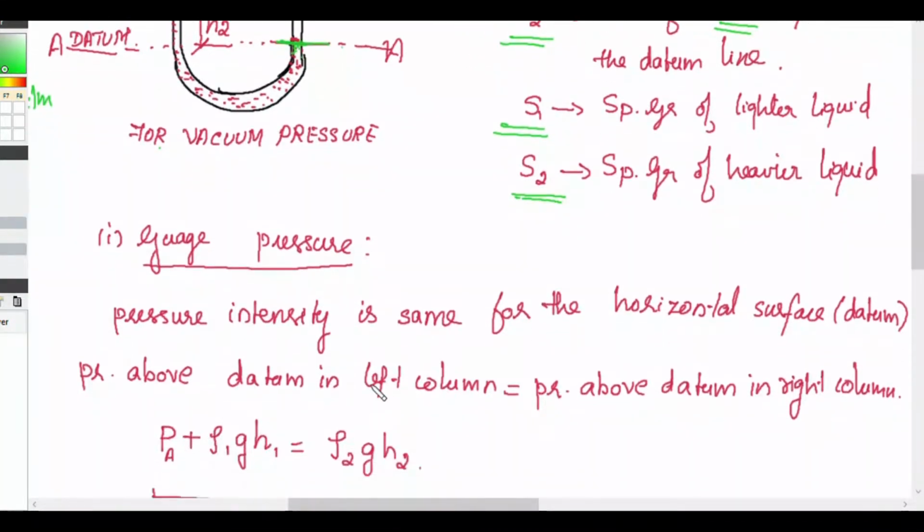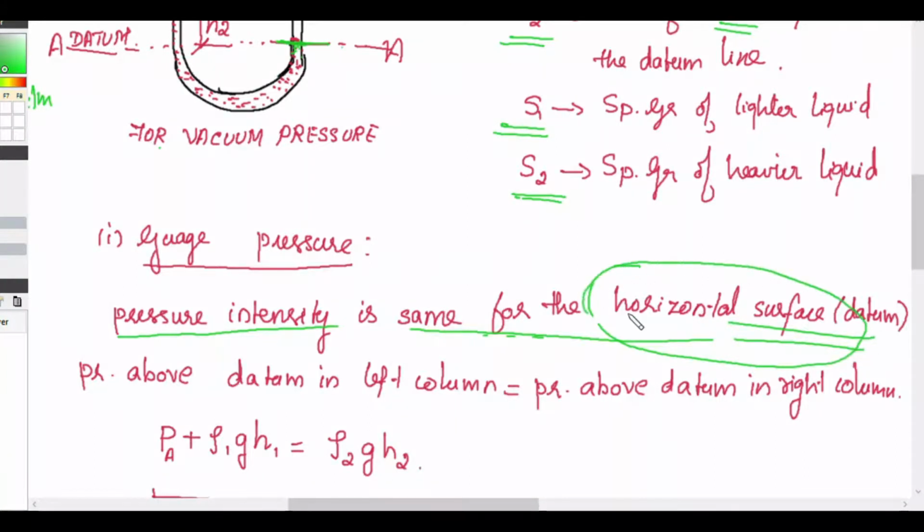See, here the concept is the pressure intensity is the same for the horizontal surface or datum. This is the importance; this is why we have taken the datum. Without considering the datum, you will not be able to find the pressure. So, the principle behind this manometer is the pressure intensity is the same for the horizontal surface.